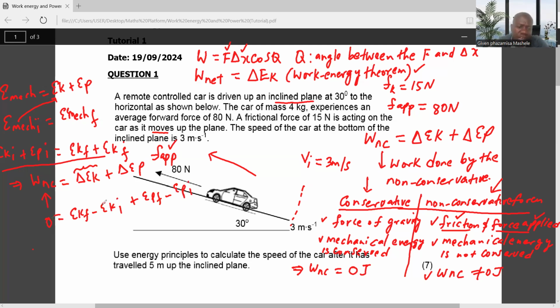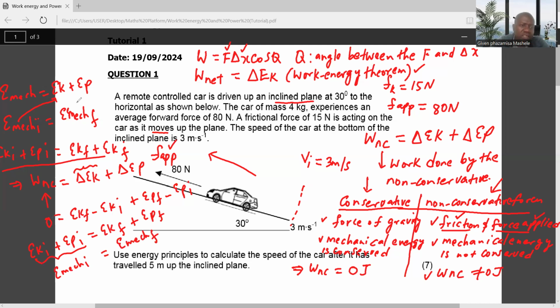Let's transpose the kinetic energy initial and potential energy initial to the left hand side, because both are negative. So you're going to have kinetic energy initial plus potential energy initial equals kinetic energy final plus potential energy final. You see that this is the same as the EMAC initial, and this is the same as the EMAC final.